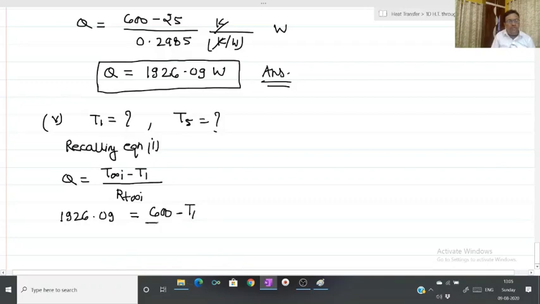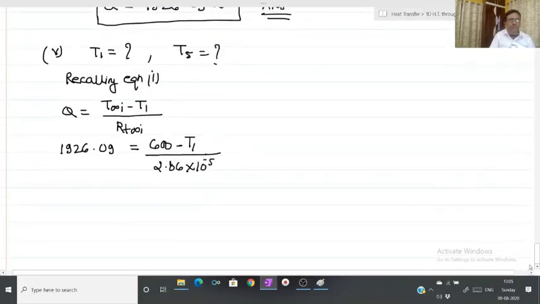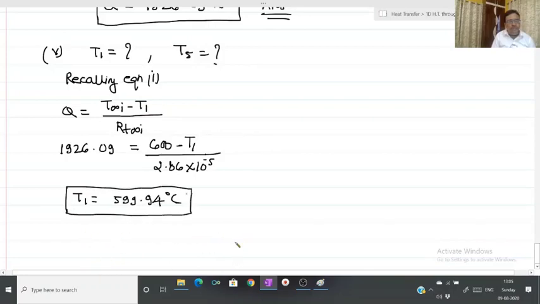Value of T1 is to be calculated and value of RT infinity I is 2.86 into 10 to power minus 5. From here, the value of T1 I could get as 599.94 degrees Celsius. So this will be the answer.